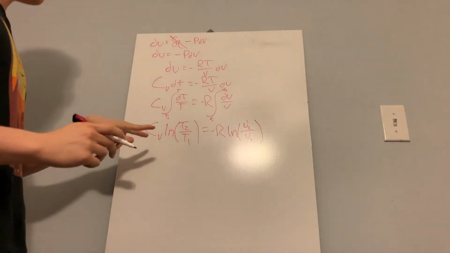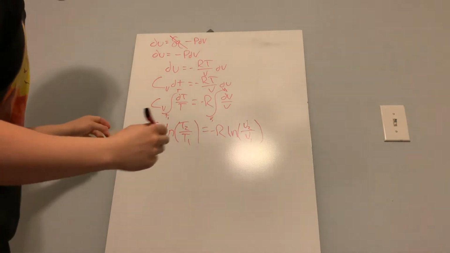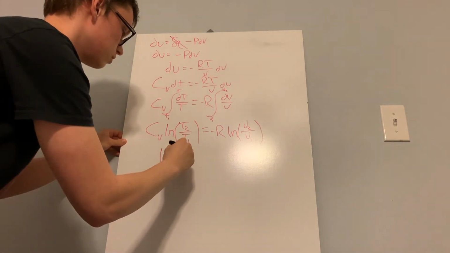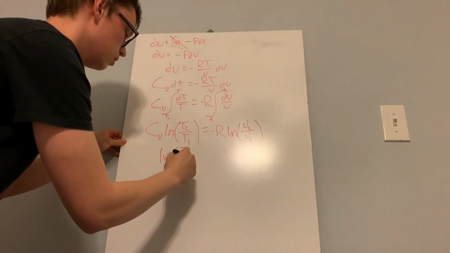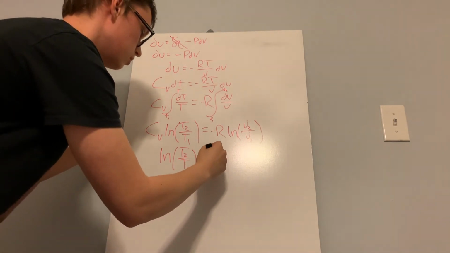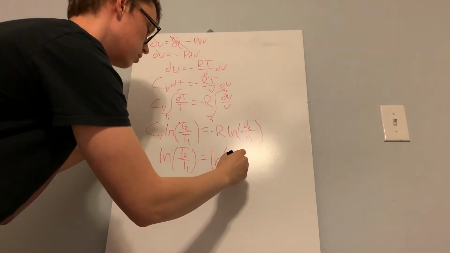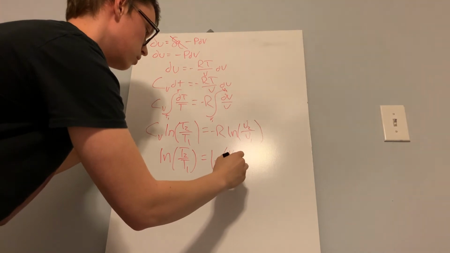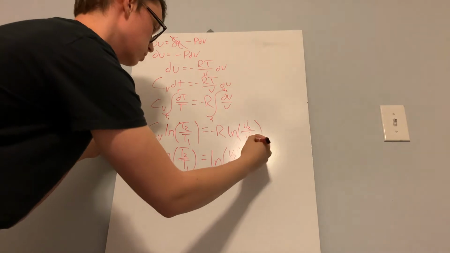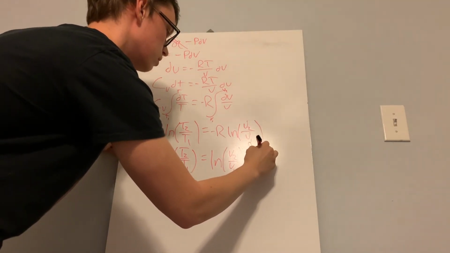And now we're going to use the rule of natural logs, and we're going to move these constants up to an exponent. So we have natural log T2 over T1 is equal to natural log V2 over V1, and that is raised to the negative R over Cv.